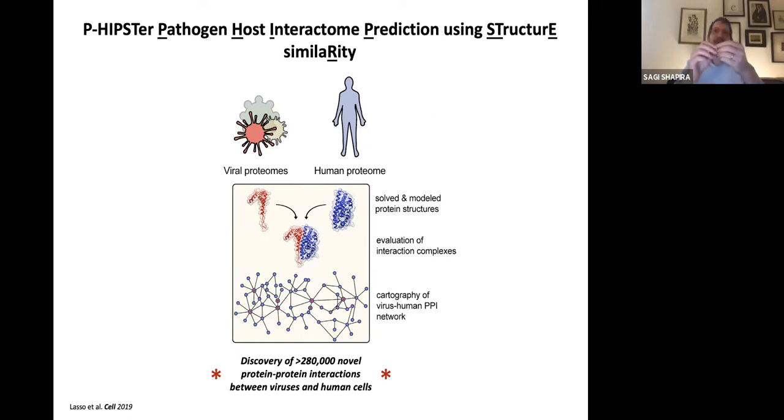And so we have a matrix of the 13,000 viral proteins versus the 20,000 human proteome. And in each cell, we have a sort of likelihood that a pair of proteins will interact or not. And we found about 280 or so thousand novel protein-protein interactions.